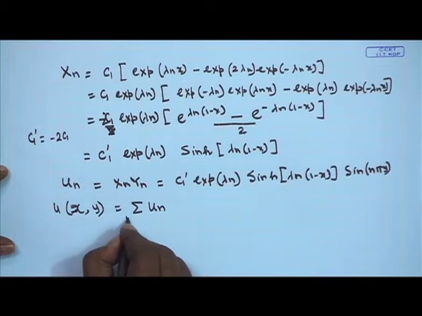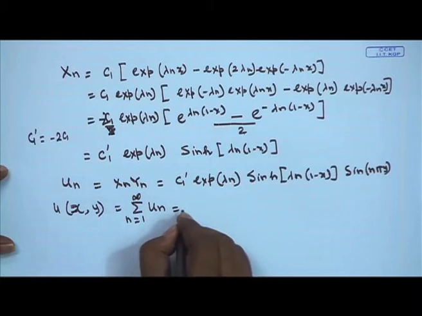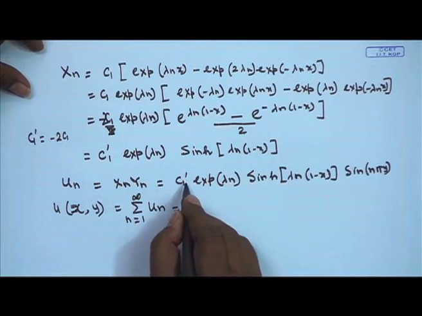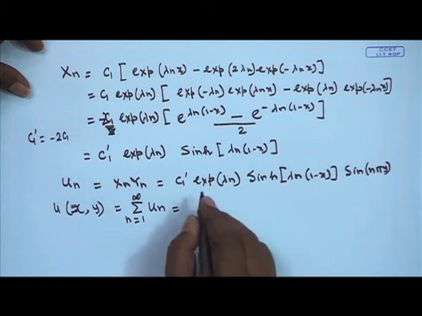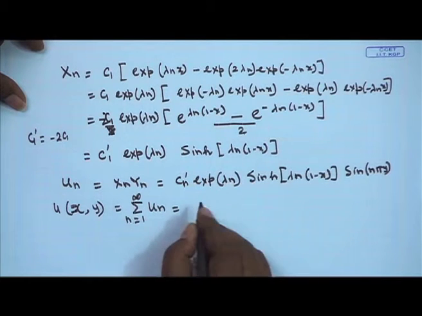So, we construct the complete solution by summation of u n, where the index n runs from 1 to infinity. C1 prime multiplied by C1 will be a new constant, C n prime.